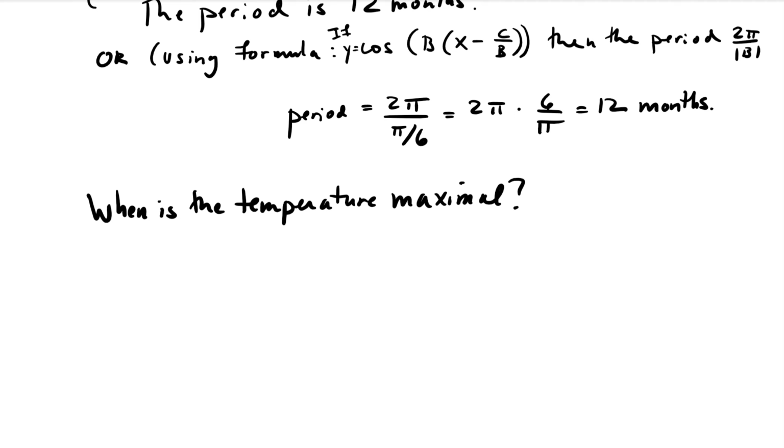So we're maximizing. Let's rewrite it: T equals 3.75 cos of (t minus 2) times pi over 6, plus 14.05.